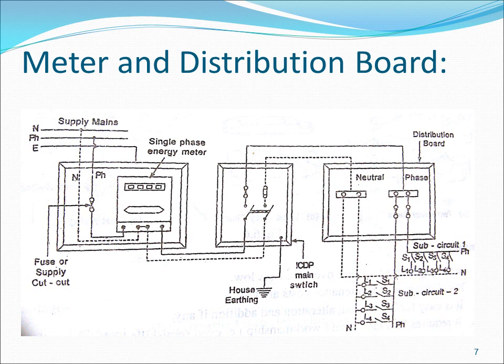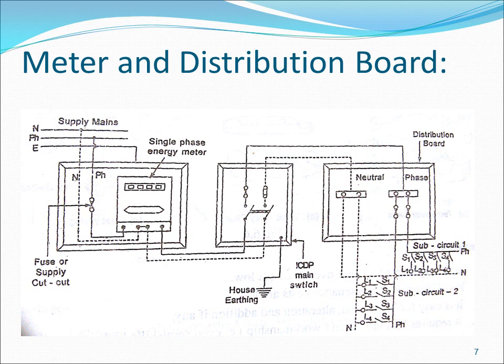So fuse is a protective device. Through fuse it will be connected to the line. So in the energy meter, you can see one is directly from the neutral point, one more phase line through fuse it will be connected to the energy meter, and another one, earthing, it will be connected to the energy meter itself.